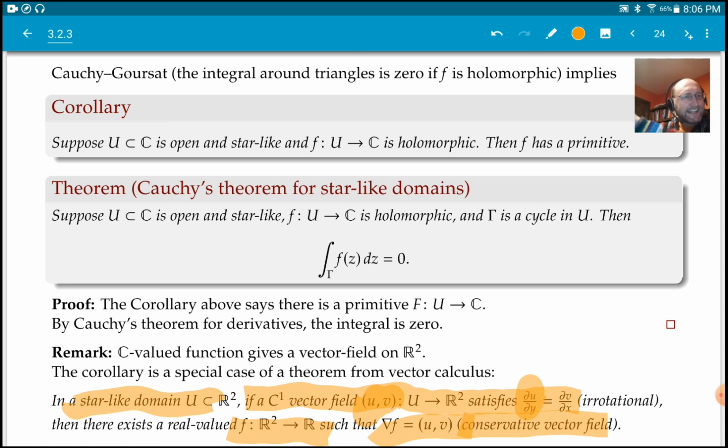It's exactly that. You're doing this thing around triangles. So if it feels familiar, it might be because you've seen it before.